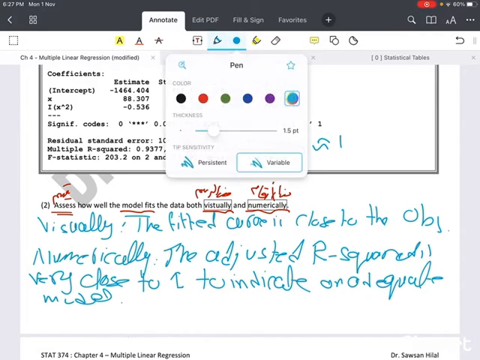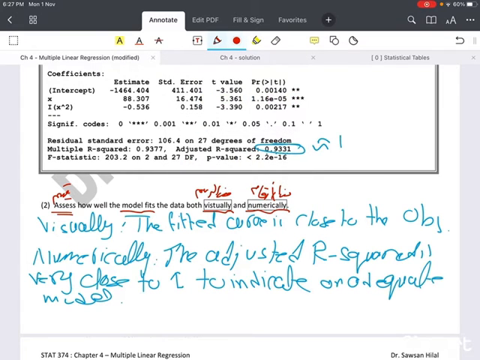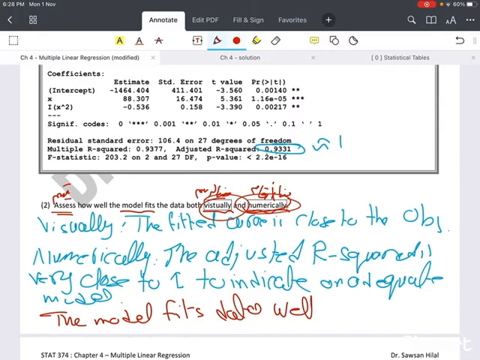So the conclusion from both visually and numerically is that the model fits the data well.